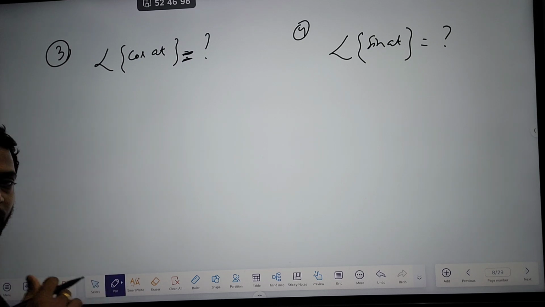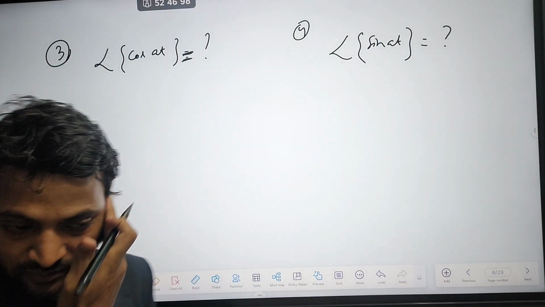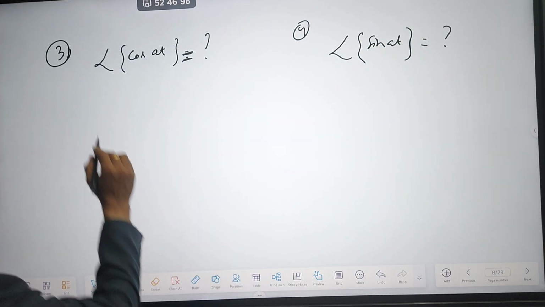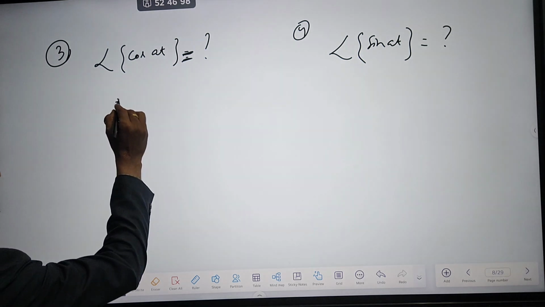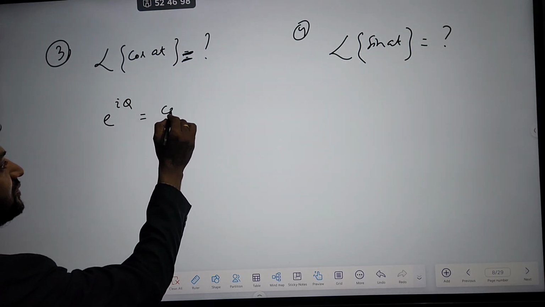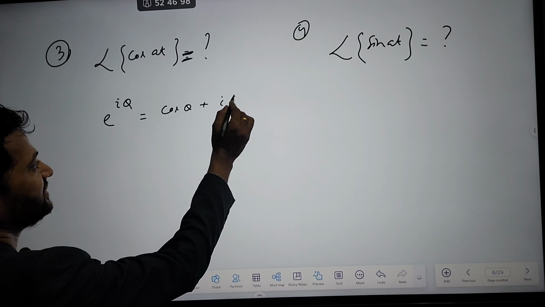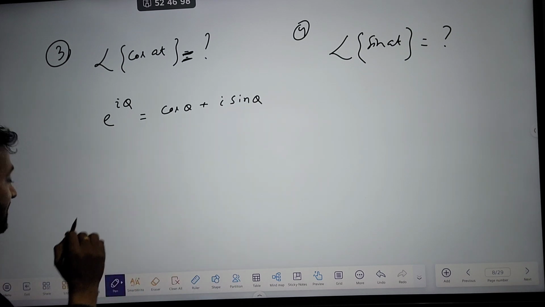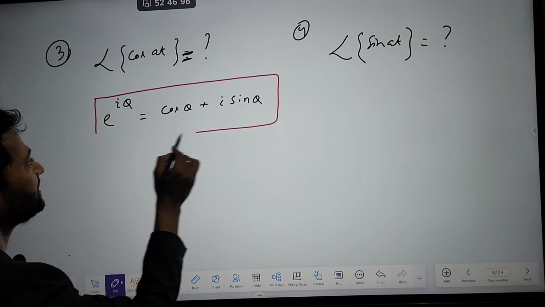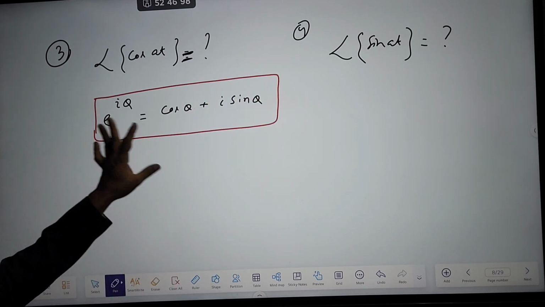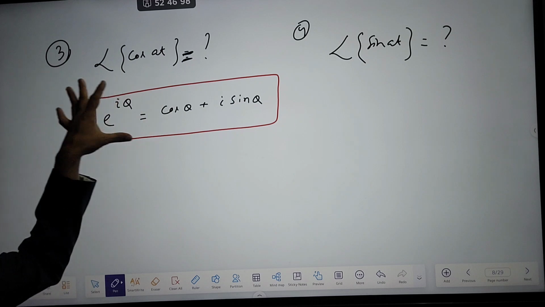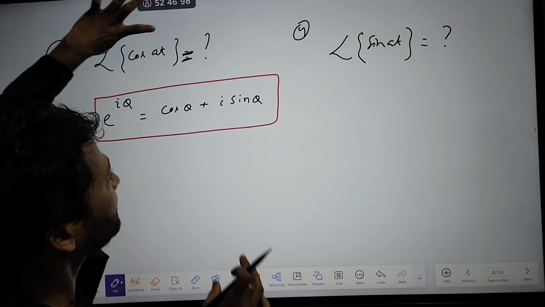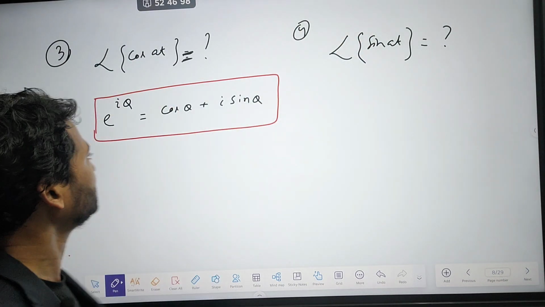So as you know, as per the Euler's theorem, मतलब from that theorem we can get a relation between exponential function and trigonometric function. मतलब you can write e to the power i theta is equal to cos theta plus i sin theta. i क्या है, it's a complex parameter, or you can say j is a complex parameter. e to the power i theta is equal to cos theta plus i sin theta as far as Euler's formula is concerned. So from that expression we can get the Laplace of sin at and cos at. How?